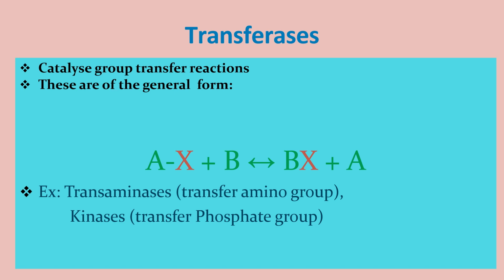These transaminases are enzymes which will transfer an amino group. So if this X is an amino group, that is an NH2 group, this would be transferred to the next substrate using the enzyme transaminase. Similarly, we have kinases, another transferase group of enzymes where, if X is the phosphate group, it will be transferred to the next substrate.